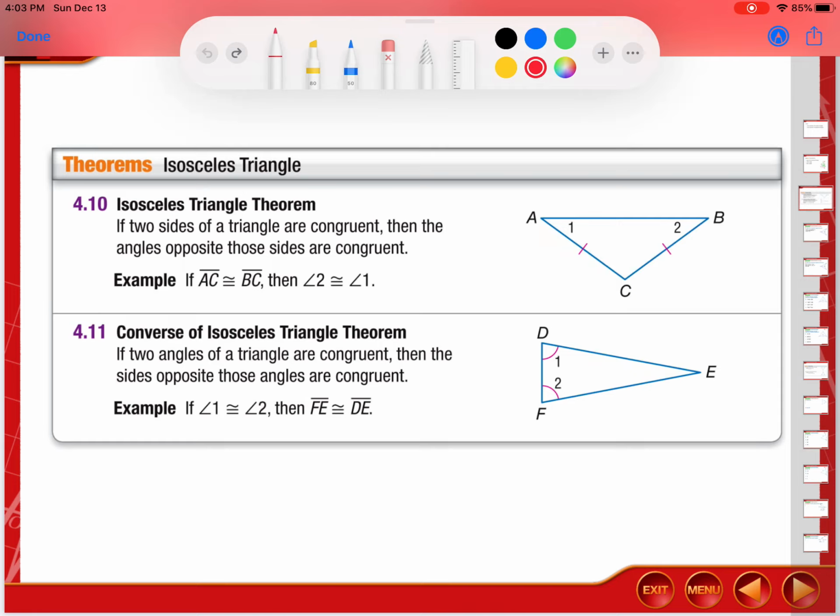Continuing on, so isosceles triangles, we have the isosceles triangle theorem, and what this says is if two sides of a triangle are congruent, then the angles opposite those sides are also congruent. So we have these two sides that are congruent here, side AC and side BC.